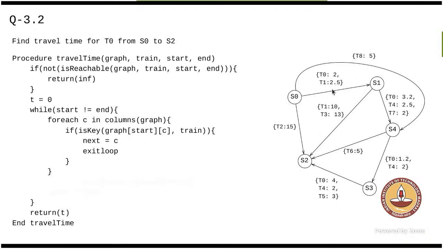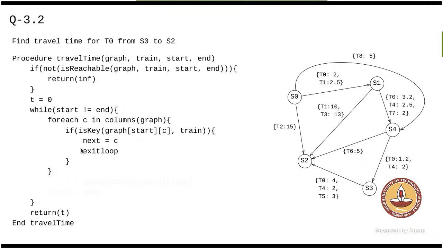Now you look at which station takes S0 to S1, or which train takes me. Again, it's very tough, right? So which station has T0 taking it from S0 to S1? In this case, it is S1, because S2 doesn't have T0, S4 doesn't have T0, only S1 has T0 in it.